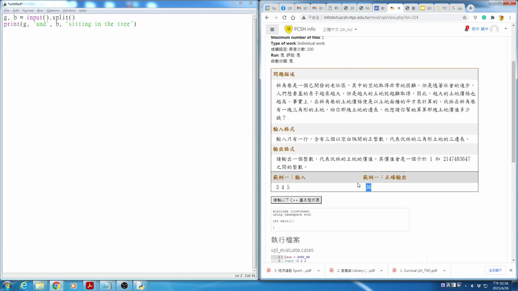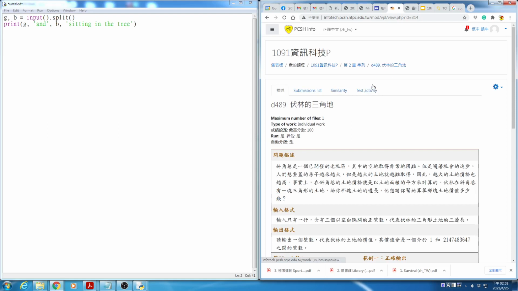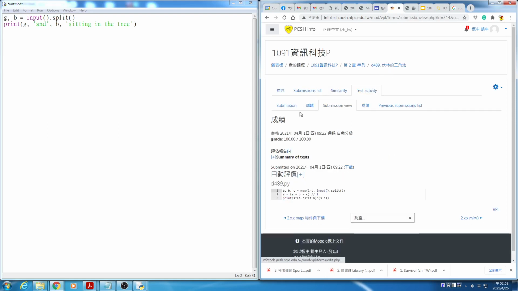Yeah. So how many values are given in this practice? How many values? 3. But what is the answer that we had before? No, not this one. I'm going to use another one.